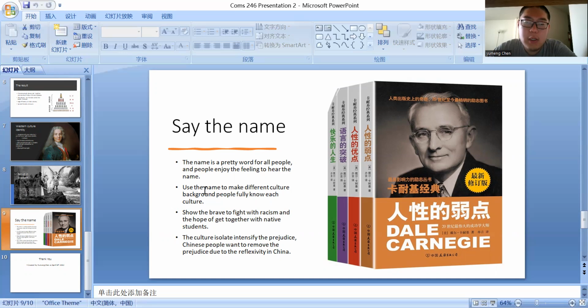Repeating the name will provide a good feeling for both people and make everyone more willing to talk to each other. This is the best way to reduce cultural conflict and create a good partnership. Cultural isolation intensifies prejudice, and Chinese people want to remove the prejudice. In fact, that's why they use names to do it.